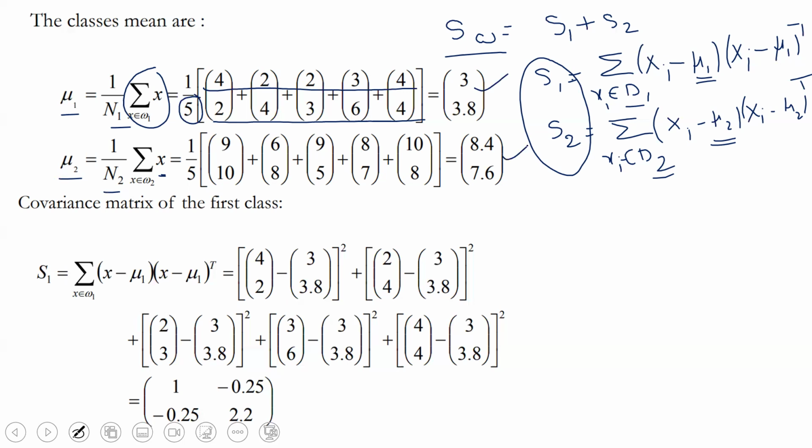And now for every xi, you have to subtract the mean: the first point minus mean, second point minus mean, third, fourth, and fifth point minus mean.